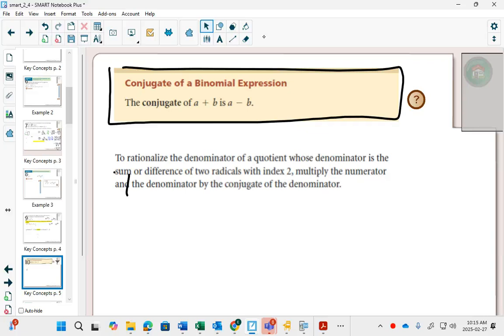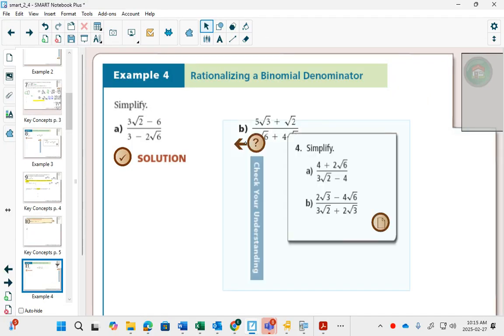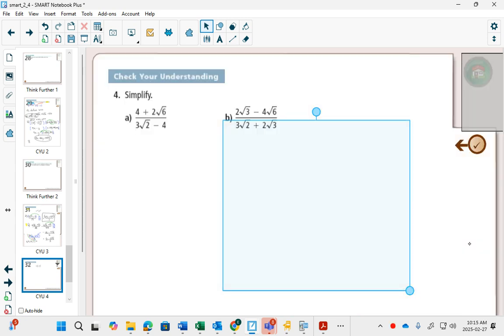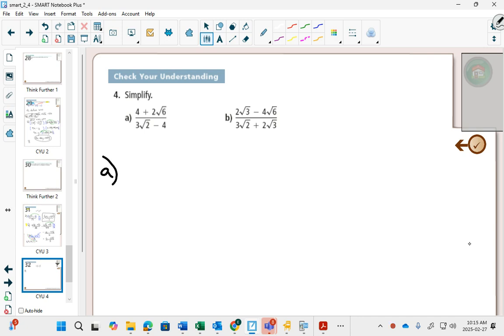Now when we get to example 4, in A, I have a binomial on the bottom. I have a 3 root 2 minus 4. And I have a 4 plus a 2 root 6.